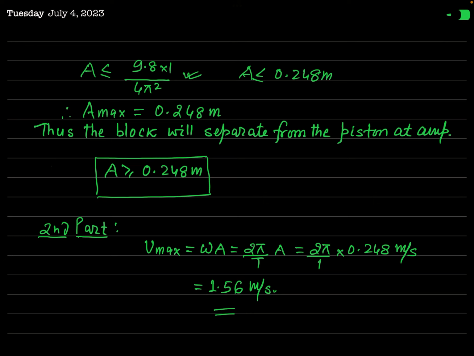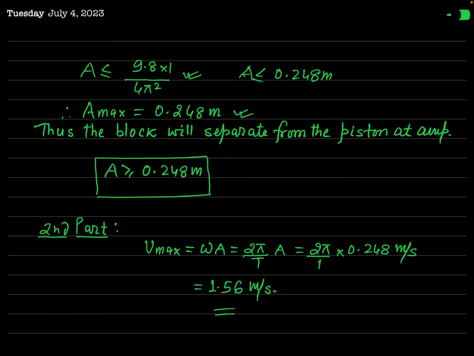And therefore you can say that the maximum value of A should be 0.248 meter, so that the block will not separate from the piston. It means if the amplitude is at most 0.248 meter, then the block will not separate.